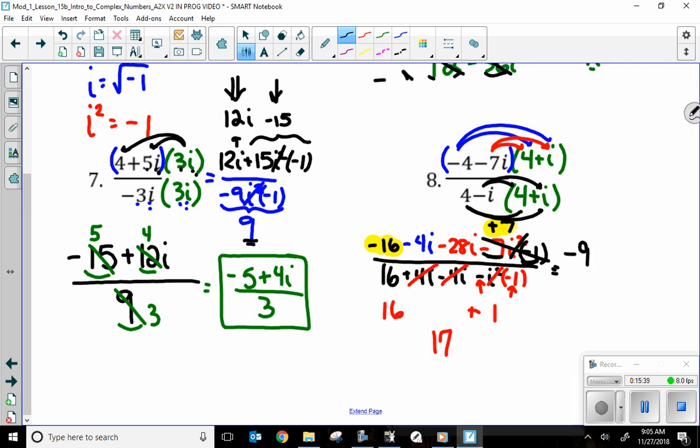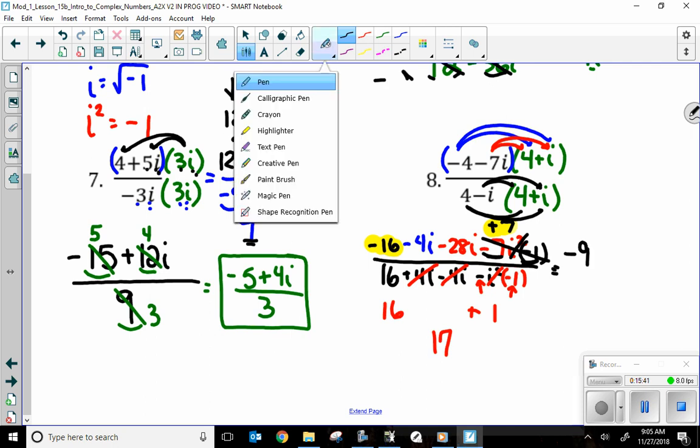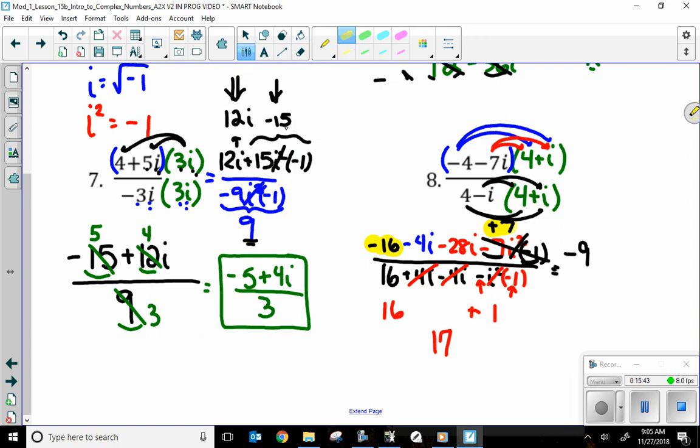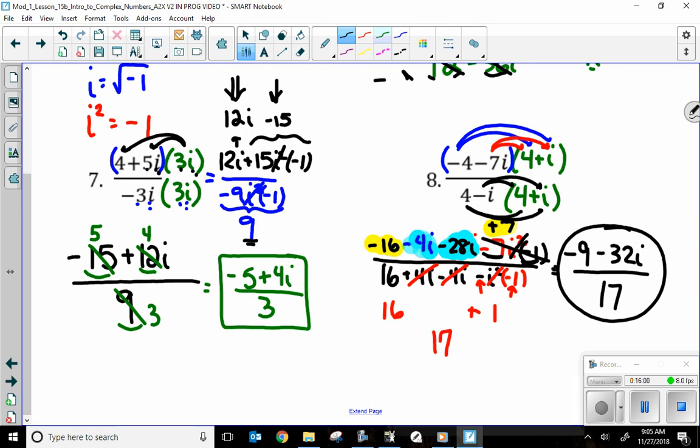And now I have minus 4i and minus 28i, and that gives me minus 32i, all over 17. There is not a common factor there.